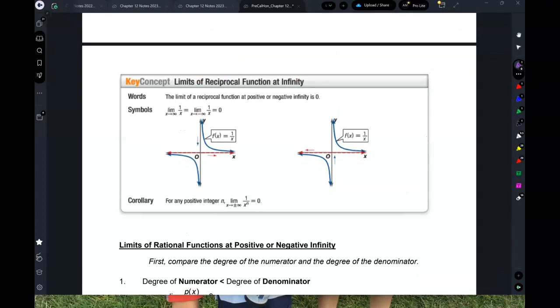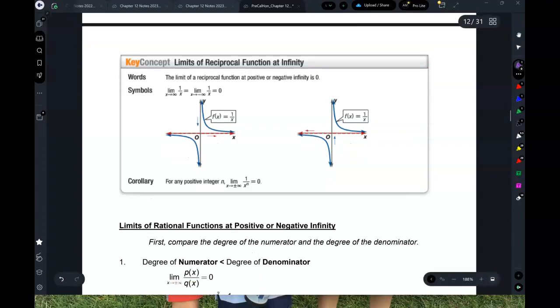Okay, what if you have a reciprocal function at infinity? When you have a reciprocal function like 1 over x, you all know that at the infinities these things go to a horizontal asymptote, right?